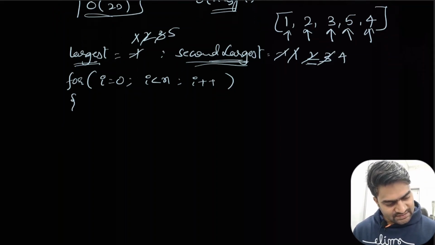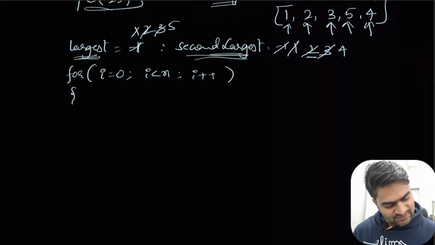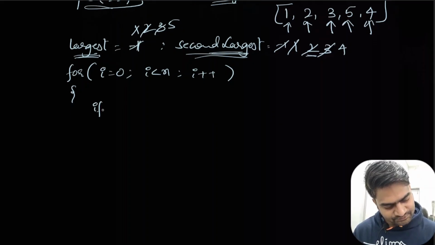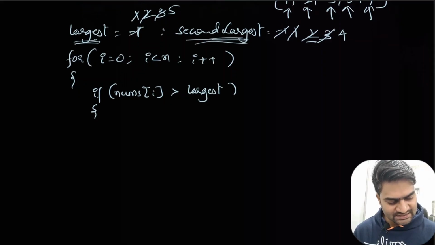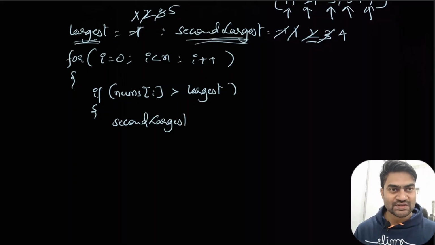So let us continue our pseudocode here. So largest will be -1 maybe and second largest will be -1. So what I will do, I will first check if nums of I is greater than largest, then I will update largest and second largest. So first you need to update second largest, otherwise you will lose the previous largest.